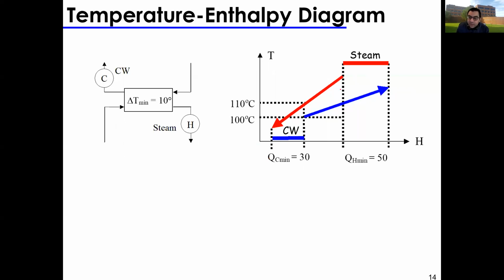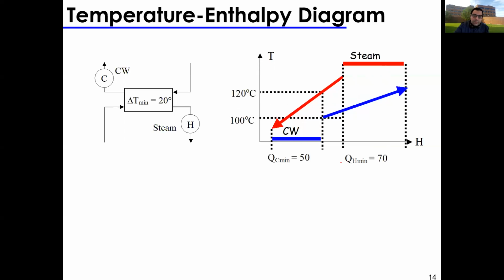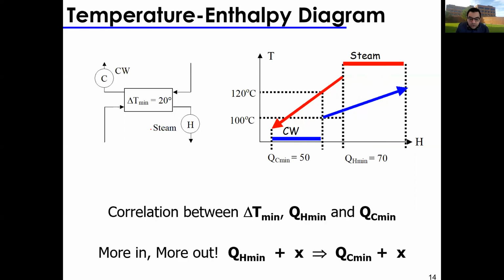In this graphical diagram, I'm plotting the initial temperature and the final temperature of my hot streams, and the initial and final temperature of my cold streams, and then I'm able to see clearly the heating and the cooling utilities, okay? And you can do it whether you want to heat or cool. What this allows you to achieve is a correlation between delta T minimum, the minimum heating utility required, and the minimum cooling utility required, right?